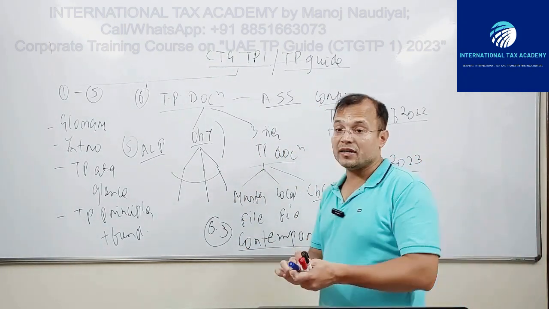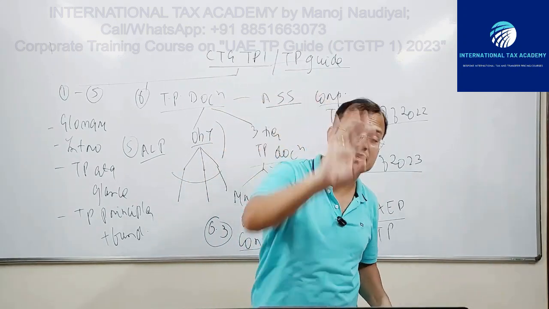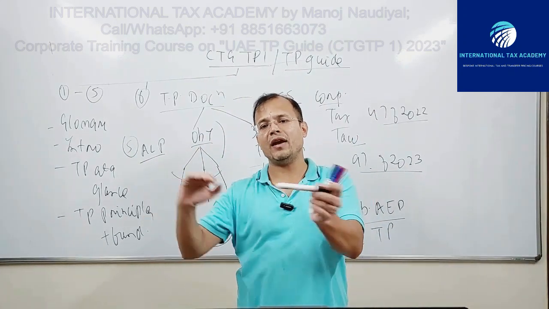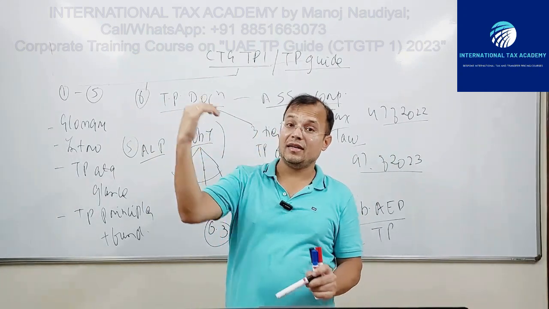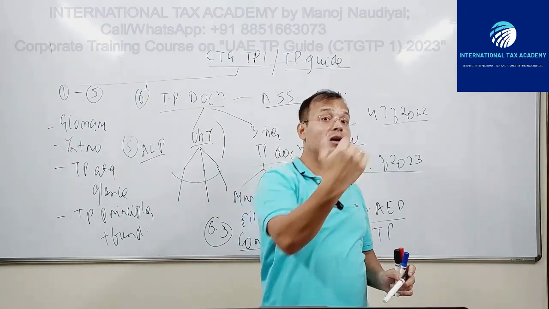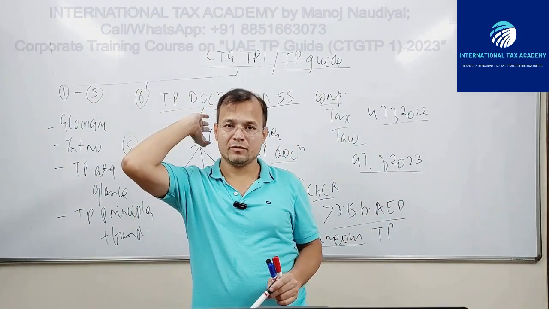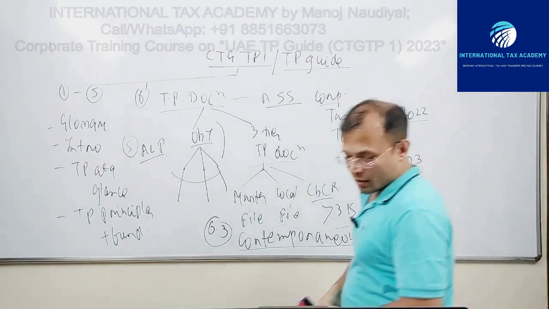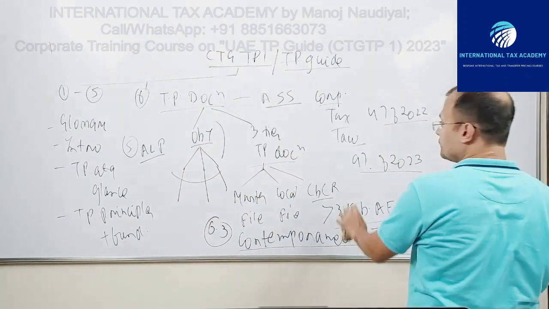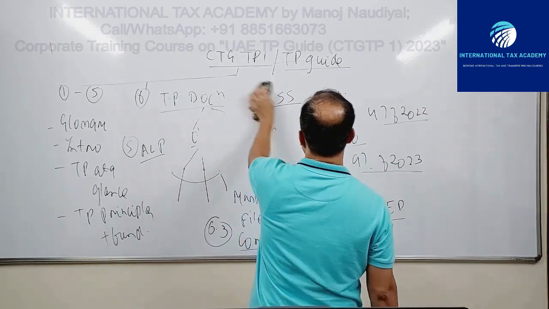It is documentation which is created at the time of entering into the controlled transaction, or at the latest at the time of filing the tax return. Not beyond that. So section 6, TP documentation, is done.